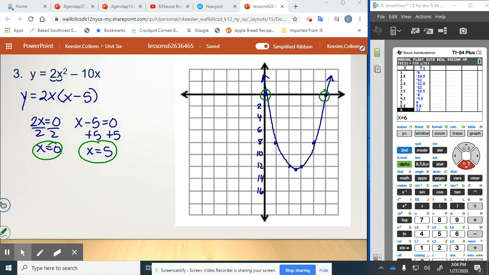Keep in mind again that that's the opposite of what was in the binomial. All right, also for good practice, this is a minimum at 2.5, -12.5. And the range is y is greater than or equal to -12.5.